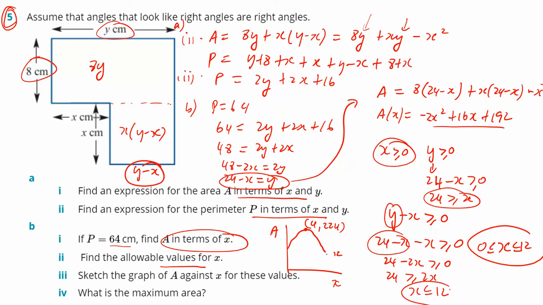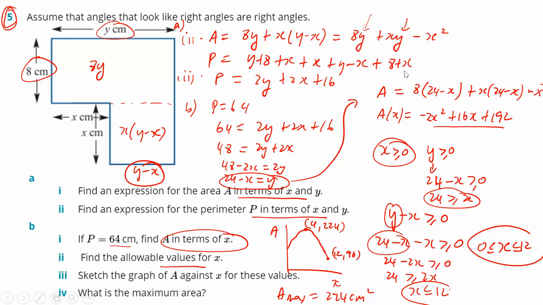So the graph ends here at (12, 96). It doesn't extend the whole way. So the maximum area would be 224. So A max would be 224 centimetres squared.